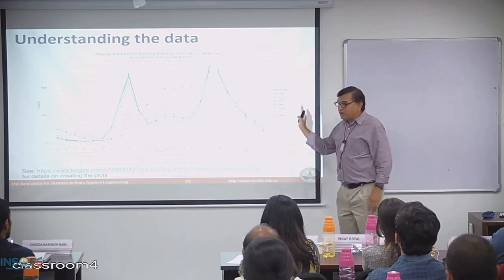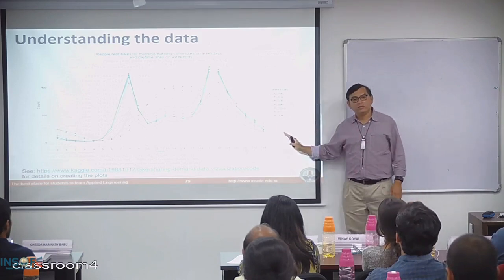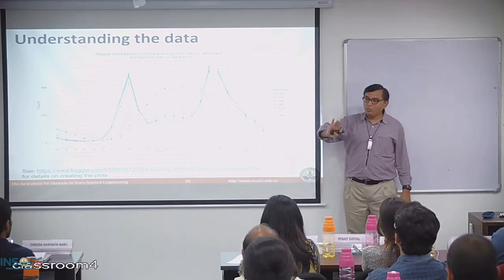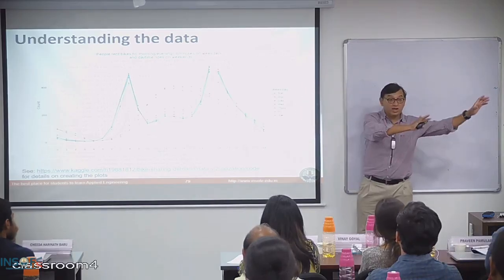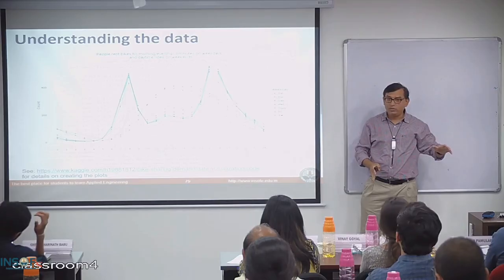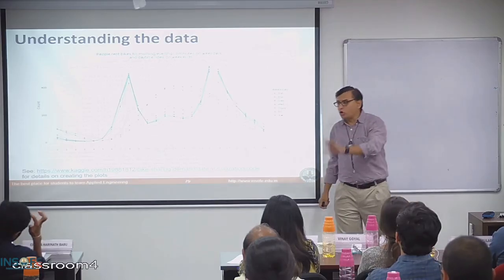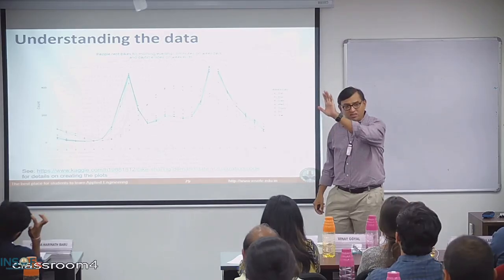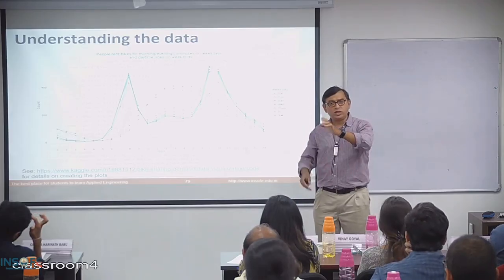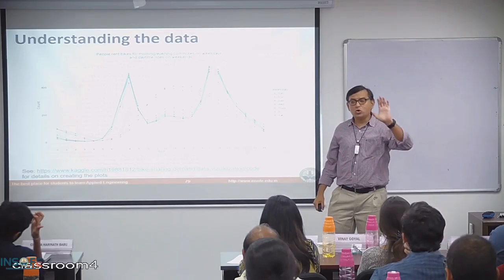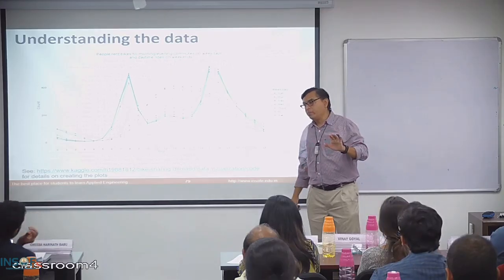Here is a split over weekdays. Weekday was not a variable that was given. We took the date time and converted it, and it created a weekday variable, right? This process of taking an existing variable, doing some manipulation and creating new variables is called feature engineering. Okay?